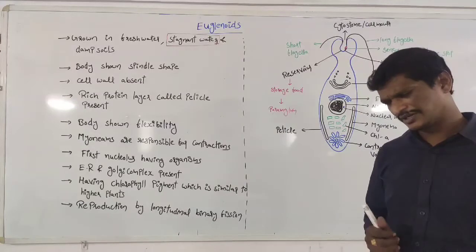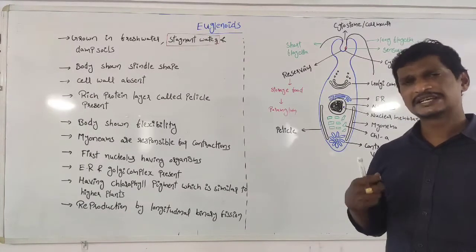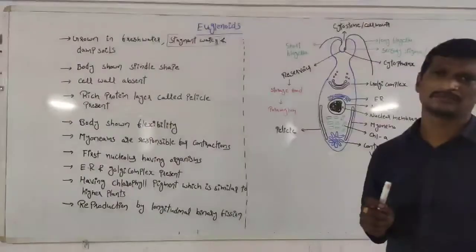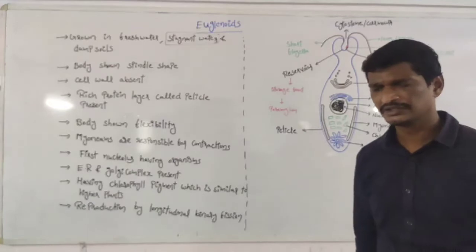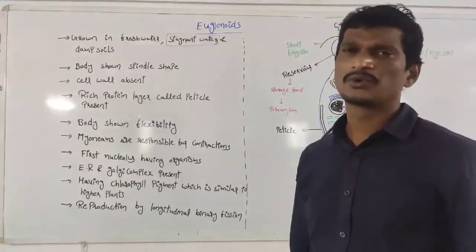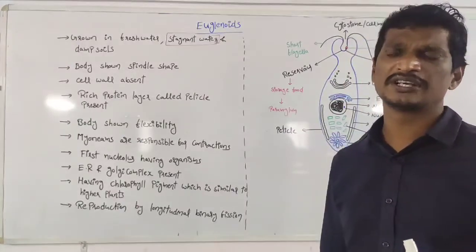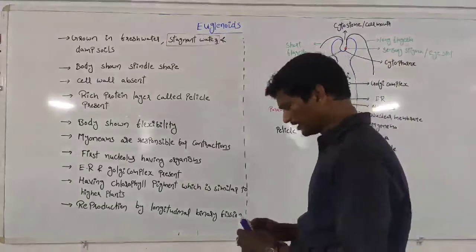Instead of a cell wall, a protein-rich layer is present. That protein-rich layer is called the pellicle.